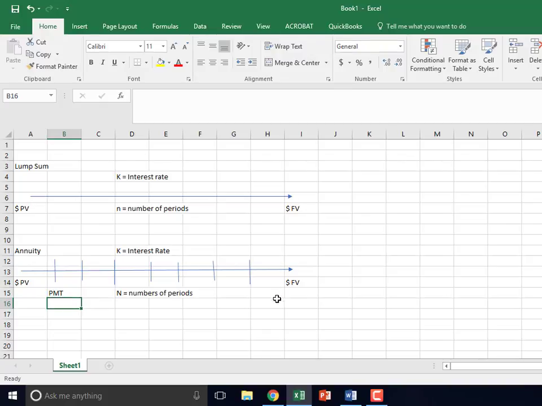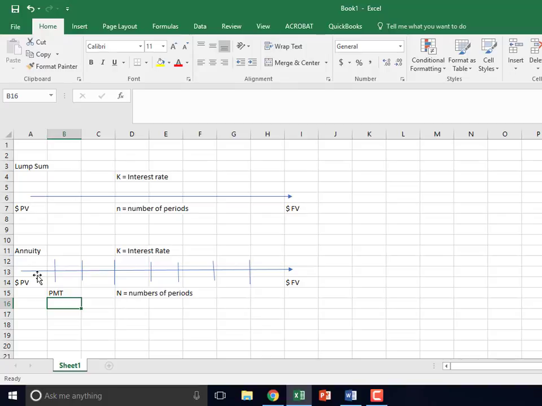Okay, so how am I going to go about solving one of these problems? Well, the first thing that you need to do is figure out, is it a lump sum problem or is it an annuity problem? It should be fairly clear from the problem whether there are multiple deposits or one deposit. So step one is to figure out whether it is a lump sum or an annuity problem.